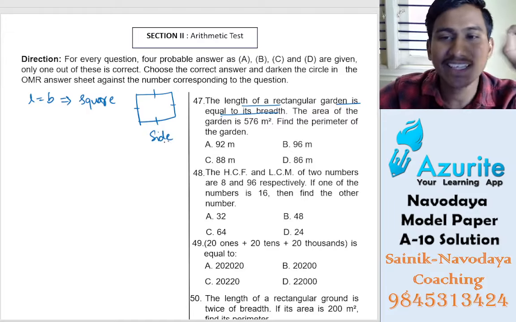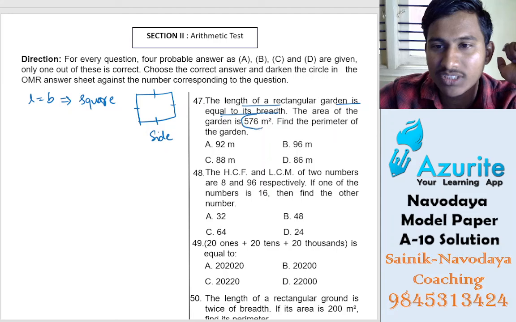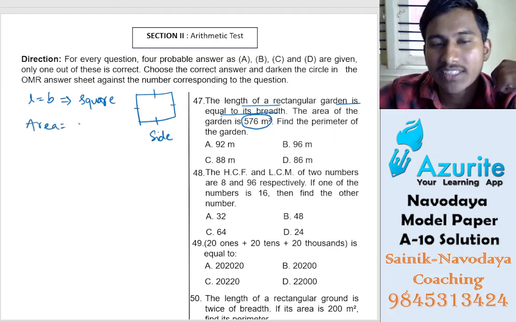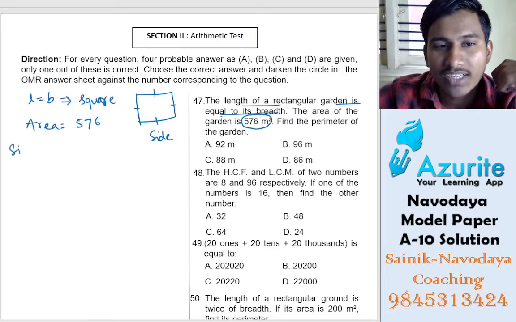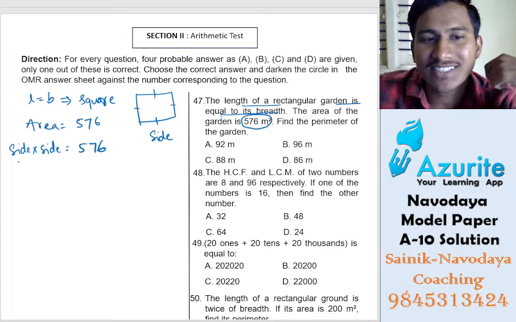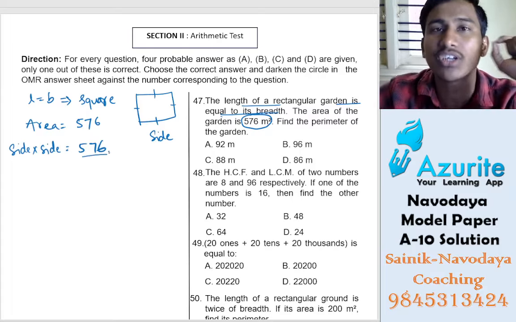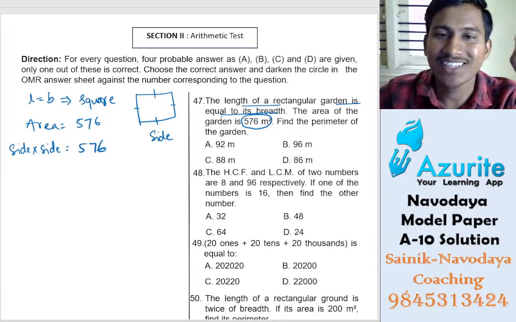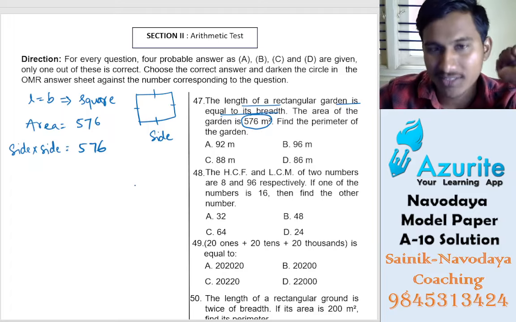They have given the area as 576. How do you find the area? Side into side. When the area is given as side into side and a number is given, you should factorize this and write it into two equal parts.